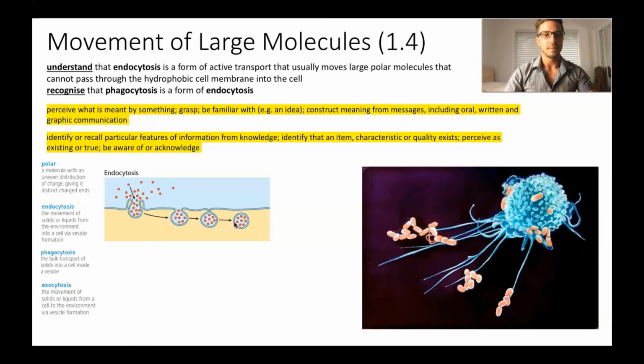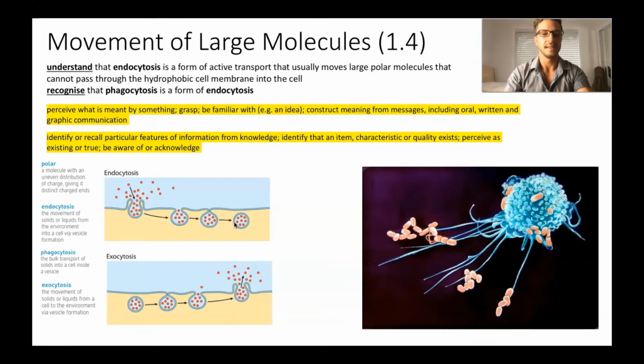The opposite of that is exocytosis, and exo means outside, and basically it's the exact same thing but in the reverse process. So it's the way of moving large molecules from inside to outside the cell, and it does this by creating this vesicle, and then it fuses with the membrane, and then from there it releases those large molecules into the extracellular fluid.